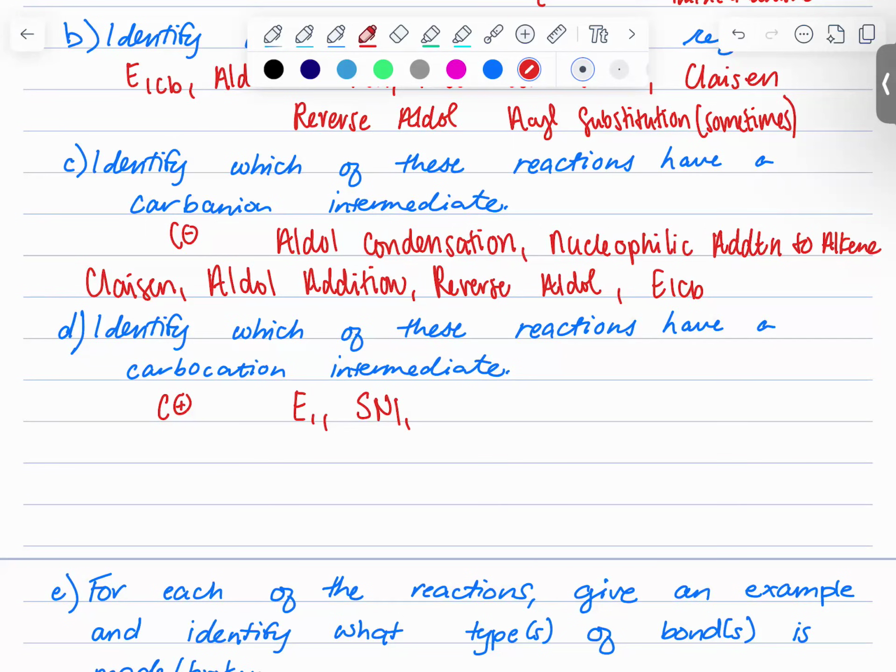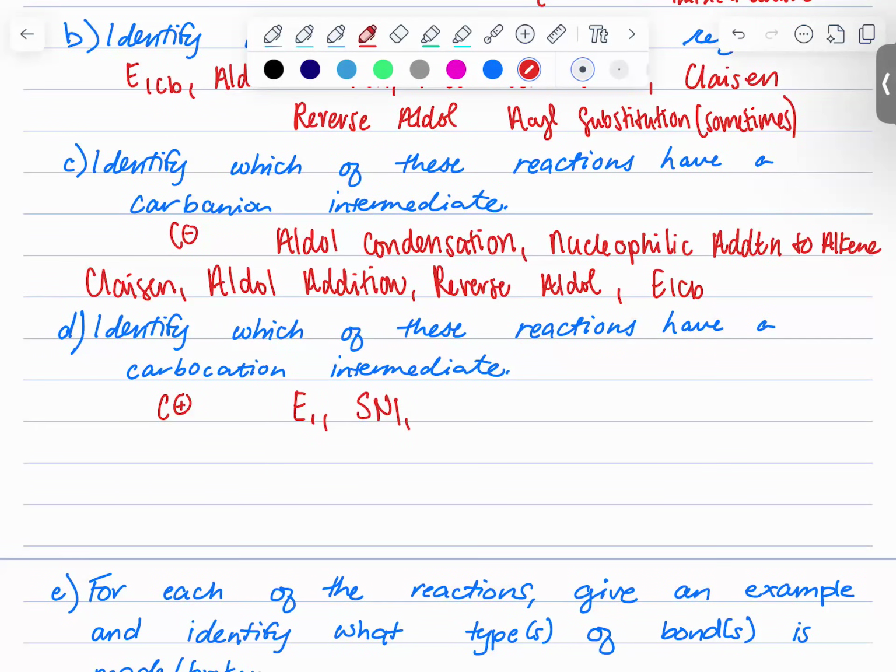So other reactions that have a carbocation. What is one major cation we work with a lot in this class? Not necessarily a carbocation, but a general cation. That is one, but not the one I'm fishing for here.